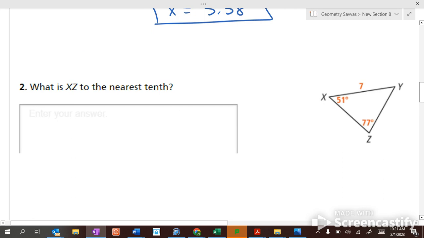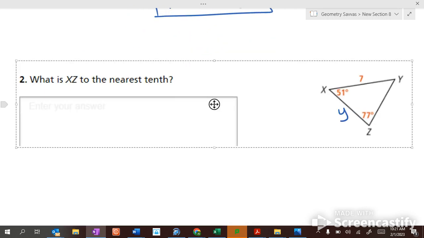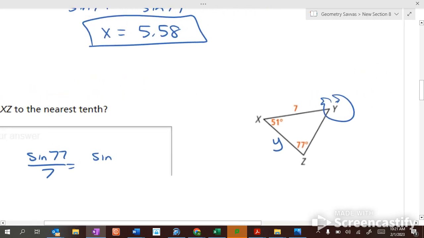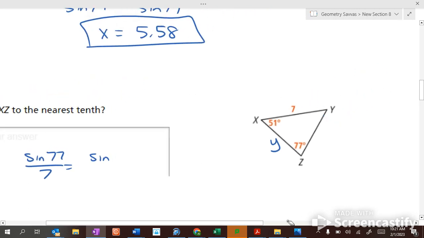Let's figure out what Y is now. Something really funny about me saying this is really simple. The sine of 77 over 7 equals the sine of what over Y? What's this angle over here? How many degrees is that angle? 52.